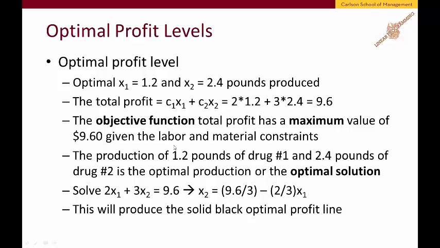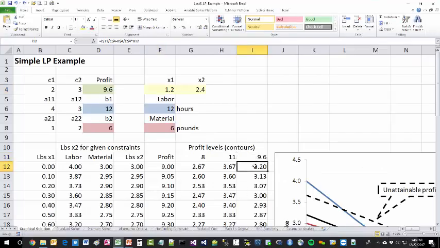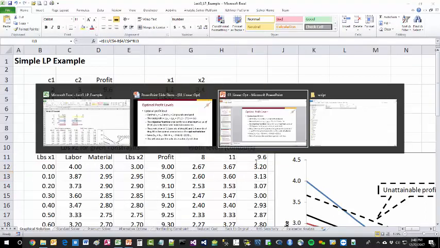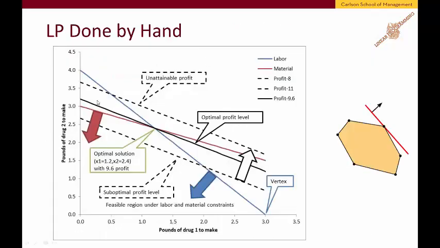And to see that visually, you set up the profit equation, in this case equal to 9.6, and it's your 9.6 contour, which is implemented in this last column using exactly the same equation as before. So check those out, and we'll produce the solid black line here by shifting from the bottom dashed line and going up, or if you want to think of it this way, from the top dashed line going down.